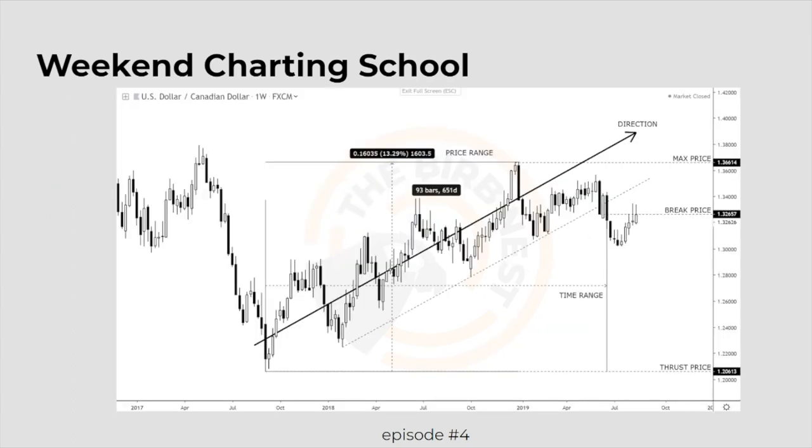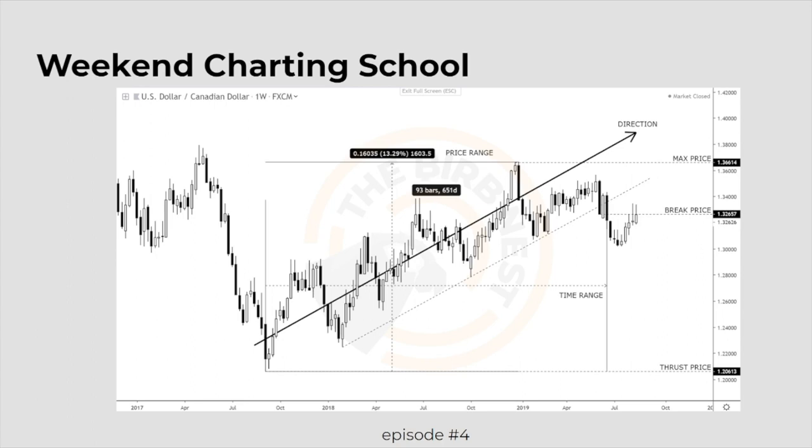So here is an example of the US dollar to Canadian dollar forex pair starting from around, let's say, September of 2017 up to the current moment, and there was an uptrend starting around this September, and it lasted until late June this year.